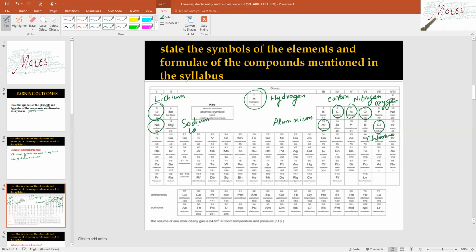Fe is iron. The Latin name is ferrum. Similarly, Au for gold. The Latin name is aurum.